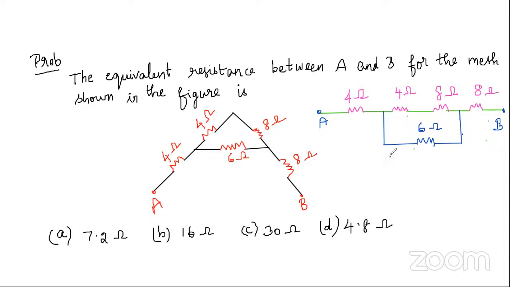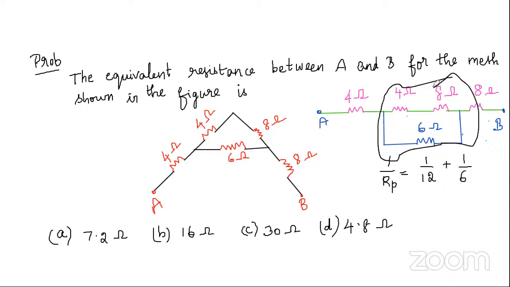Okay. So you have to find out the effective resistance of this branch. So 1 by Rp equal to 1 by 12 plus 1 by 6. I hope you can understand this, because this branch I am actually completing. So this 4 ohm and 8 ohm are in series, so when I add both these resistances, I am getting 12 ohm. And for this 12 ohm, the 6 ohm is in parallel.